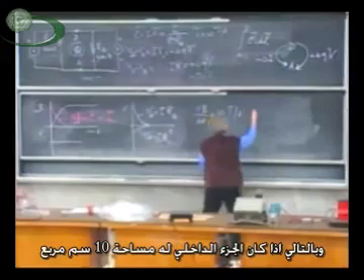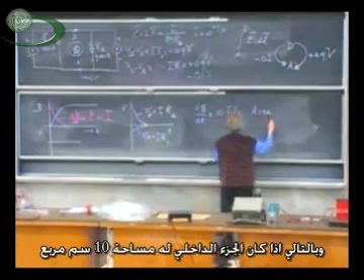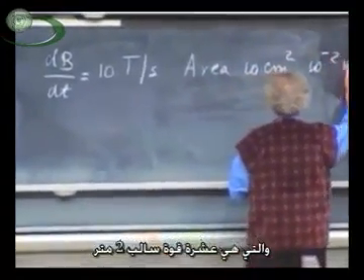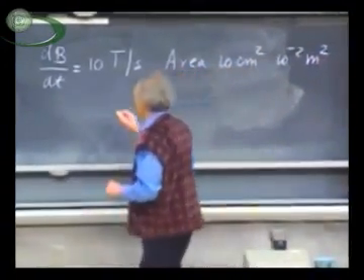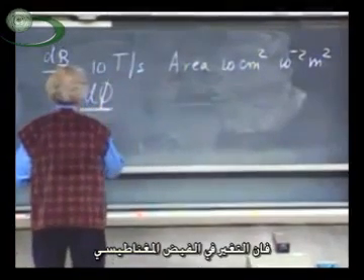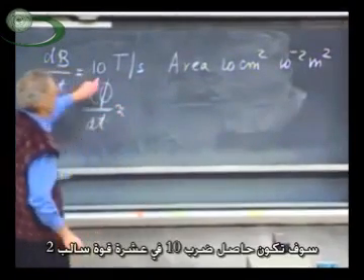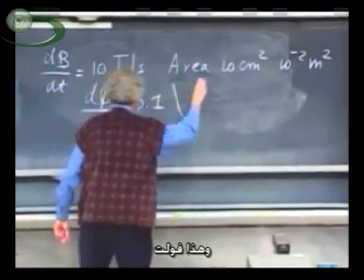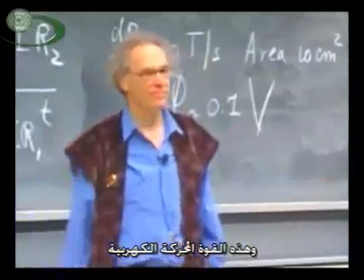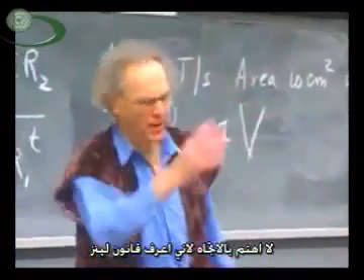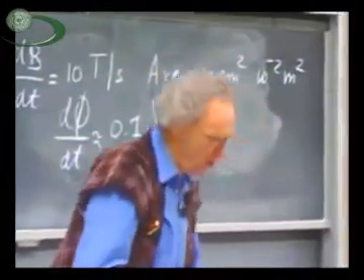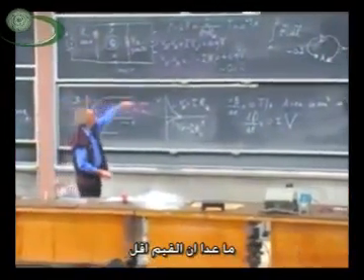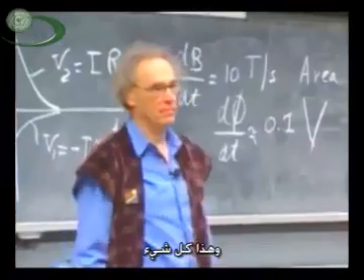And so if the inner portion has an area of, say, 10 square centimeters, which is 10 to the minus 2 square meters, then d phi dt will be approximately 10 times 10 to the minus 2, so that's about 0.1. And that's volts. That's EMF. I don't care about the direction because I know Lenz's law. So you're going to see an experiment which is almost identical to what I have there, except all values are down by a factor of 10. But that's all.